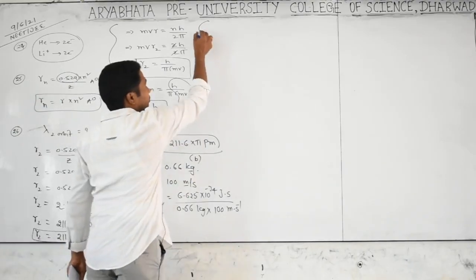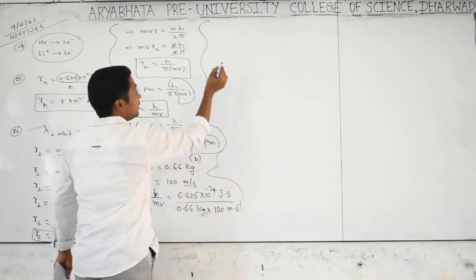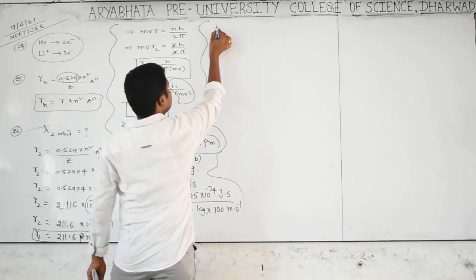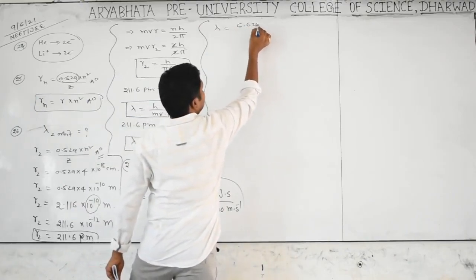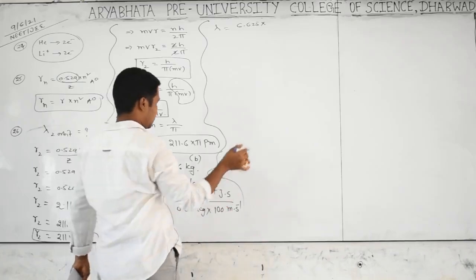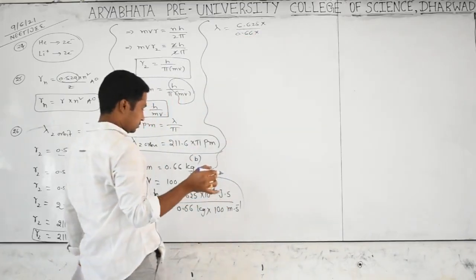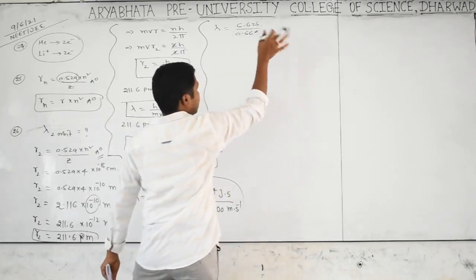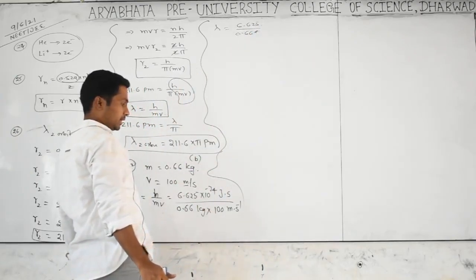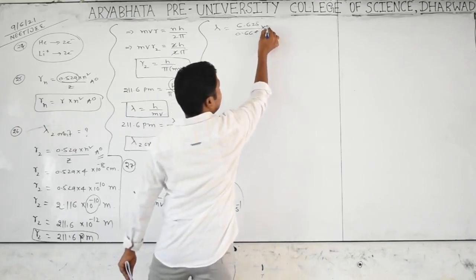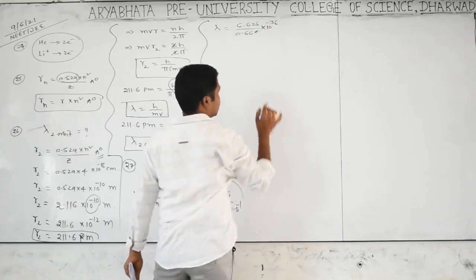I will write one more step here, see carefully. Lambda is equal to 6.625 by 0.66 into 100, which comes up as 10 to the power of minus 2, so it is 10 to the power of minus 36.